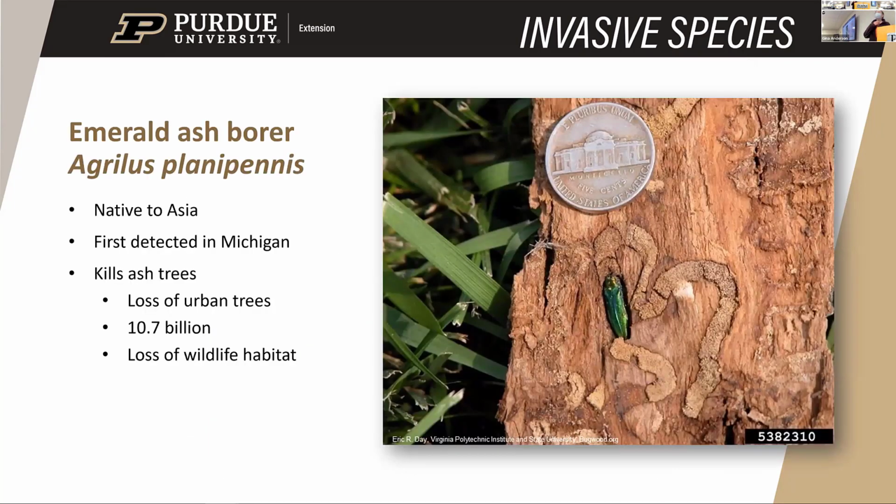So the example would be emerald ash borer, which they think was introduced in the late 1980s, but was not actually detected until 2002 in Michigan. So it was around for about 22 years before anyone ever realized it. And again, they think it was introduced from shipping materials from overseas, because it is from the Asian countries.